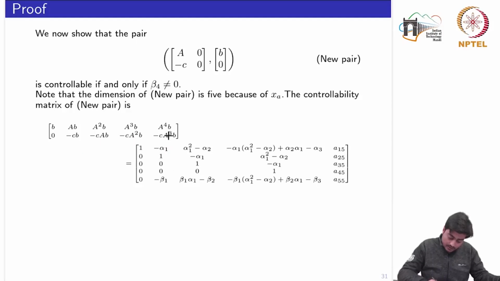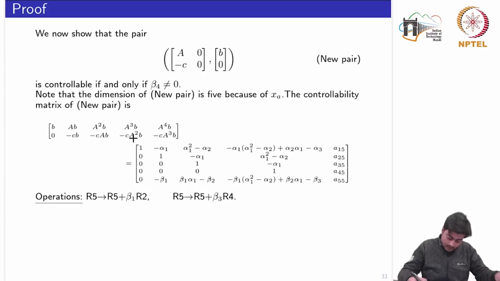Computing this controllability matrix from the controllable canonical form of the original A matrix, which we now specify in terms of alpha i's and beta i's, you can readily obtain it if you substitute A in the controllable canonical form.